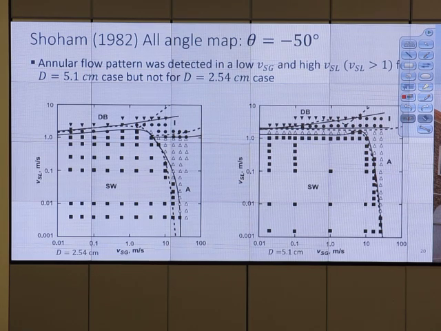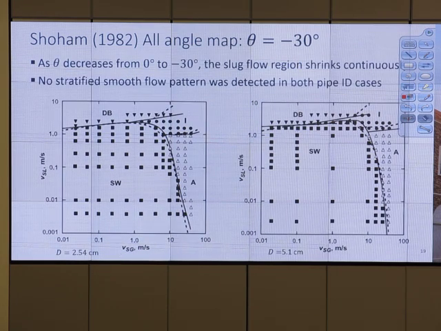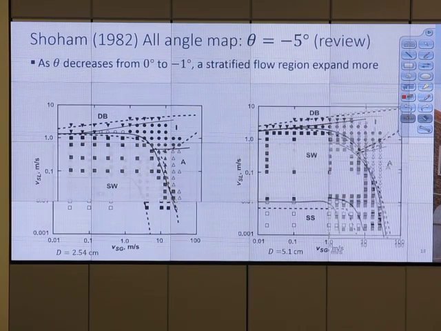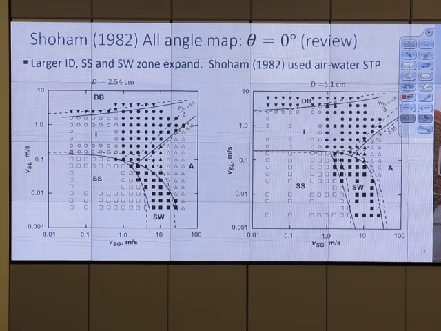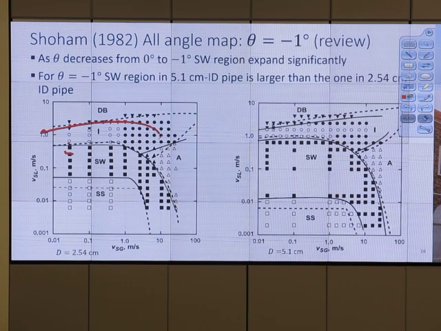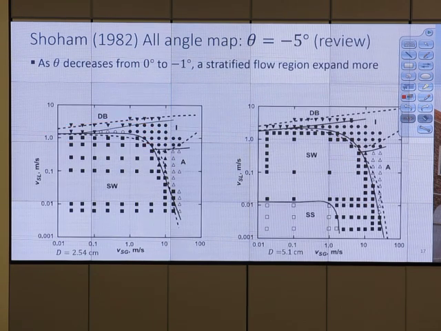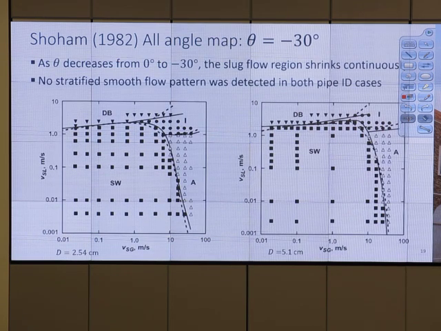Alright, the part that I want you to concentrate on is this. You know that when we move down, the stratified wavy region goes up, right? It enlarges. Not only that, look at intermittent flow. Intermittent flow region kind of shrinks for minus 30, and then it shrinks further.